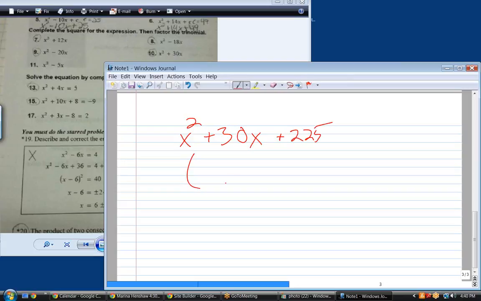So what does that factor into? X minus 15. I mean x plus. Right. In other words, this means they both have to be the same, and this is what they have to be.